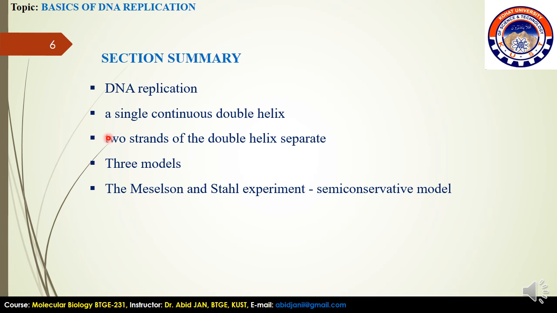The model for DNA replication suggests that the two strands of the double helix separate during replication, and each strand serves as a template from which the new complementary strand is copied.